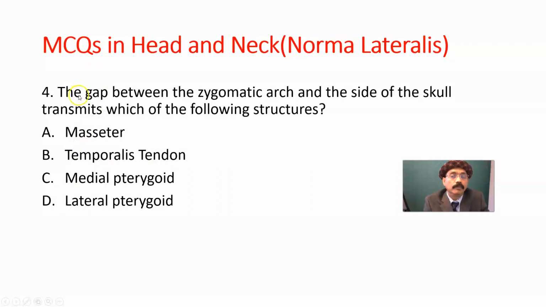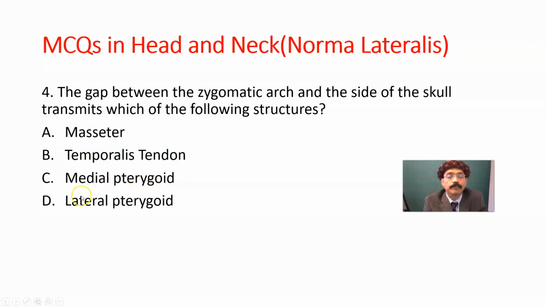Question number 4. The gap between the zygomatic arch and the side of the skull transmits which of the following structures? Masseter muscle, temporalis tendon, medial pterygoid, lateral pterygoid muscle.